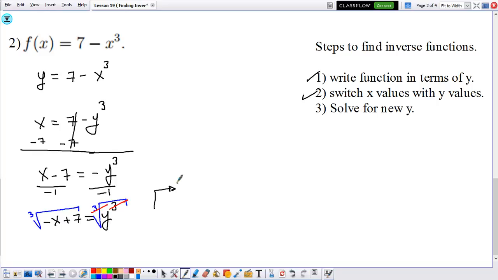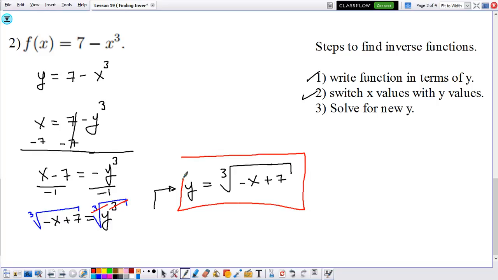Let's just write it here. So now that says that y is equal to the cube root of negative x plus 7. And that's it. This is how you find an inverse function. As long as you follow those 3 steps, everything should be straightforward.